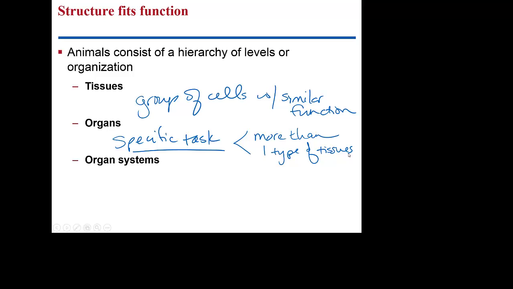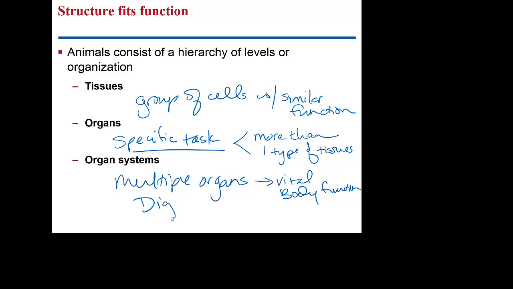Organ systems, as the name sort of implies, are going to be multiple organs that perform an overall vital body function. So we look at digestive systems. We look at cardiovascular systems.